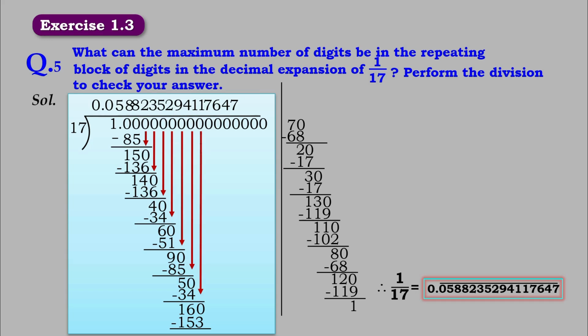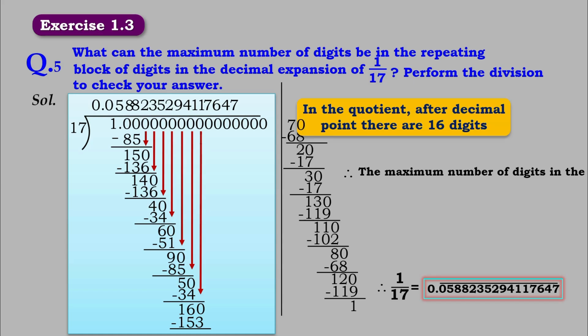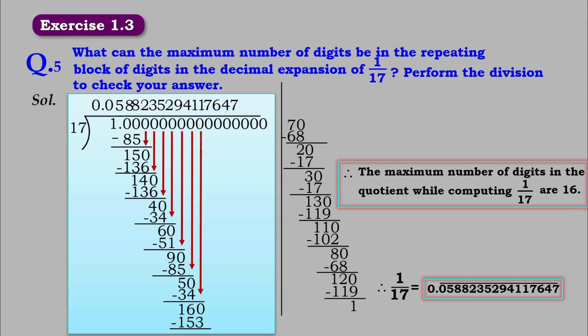That's why we have given the bar on top of the entire number. So the maximum number of digits in the quotient after the decimal point, there are a total of 16 digits. So the maximum number of digits in the quotient while computing 1 by 17 is 16.